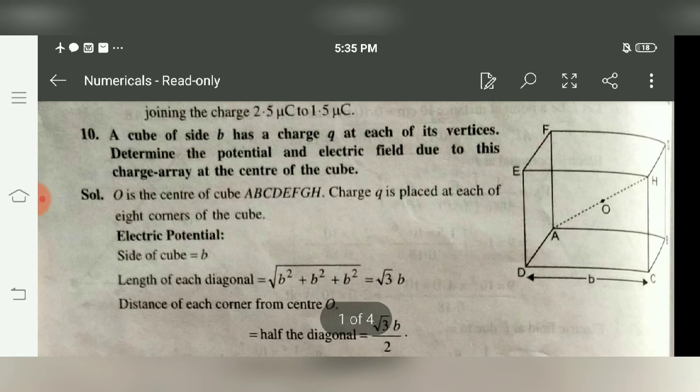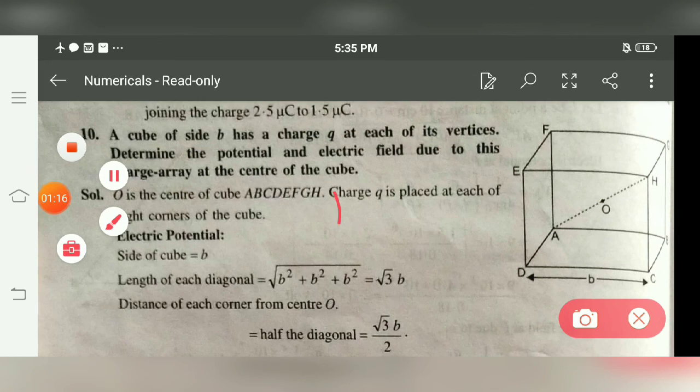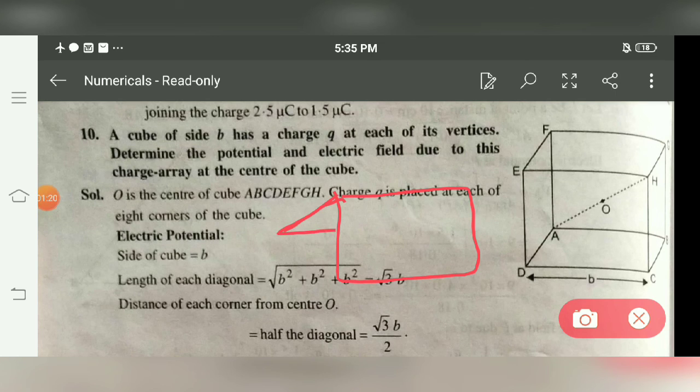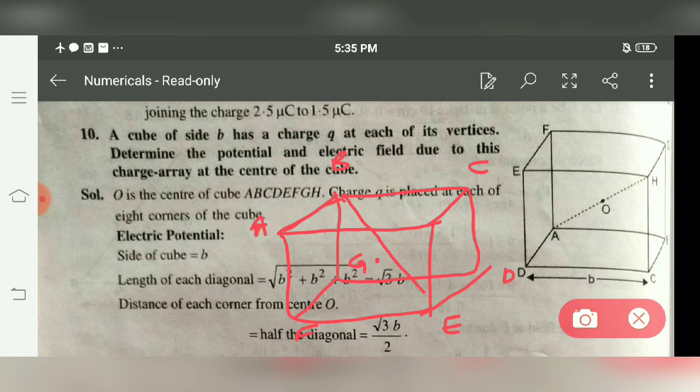So we have to find the diagonal distance of the cube, center of the cube. Say A, B, C, D, E, F, G. From B to E, this is the diagonal of the body.